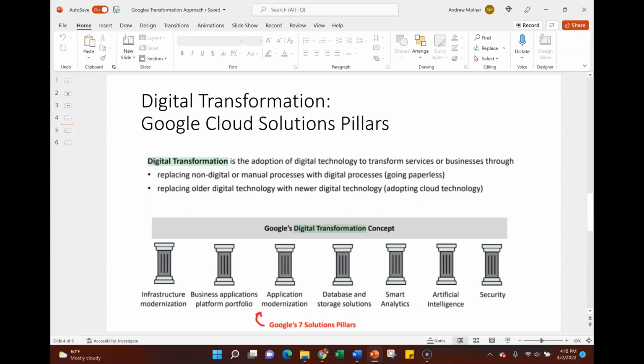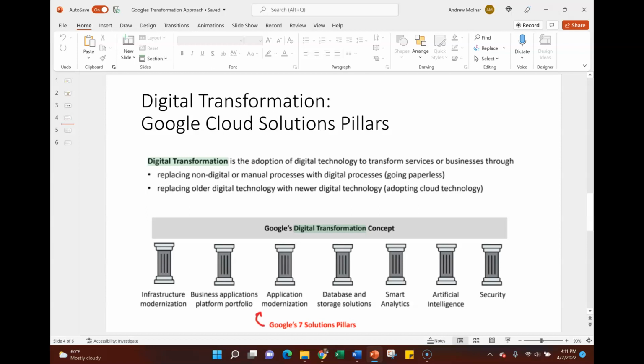Either we're moving from a non-digital or manual process, maybe going paperless, or we might just be replacing older technology with new technology. So we might be moving from an on-premises solution to Google Cloud, or maybe to a hybrid model, on-prem and cloud. Maybe we're just going cloud native altogether.